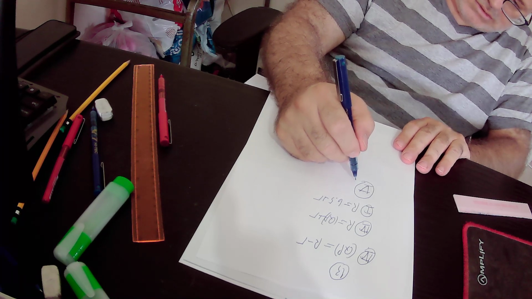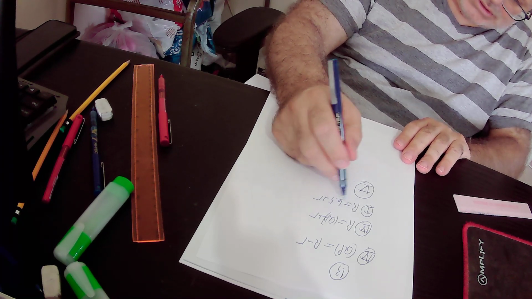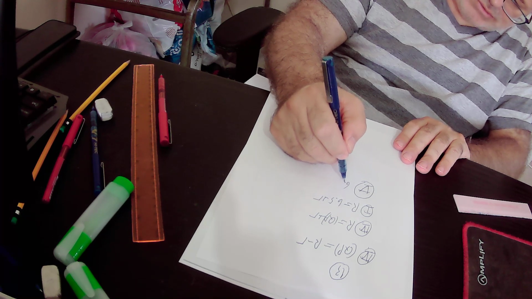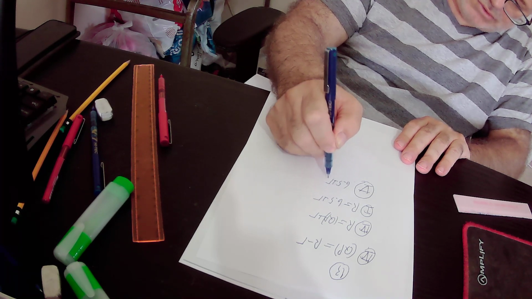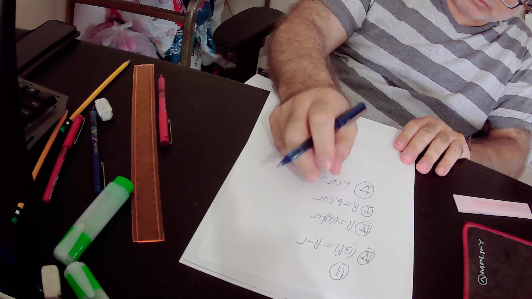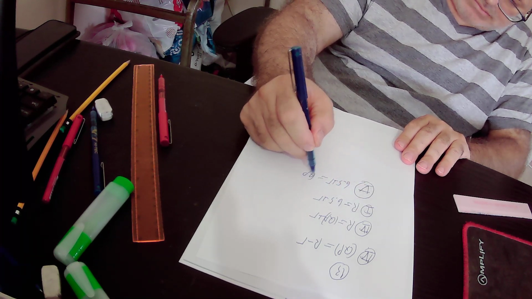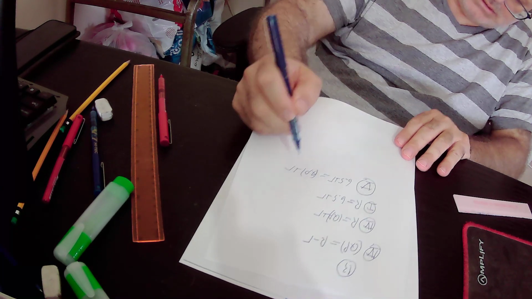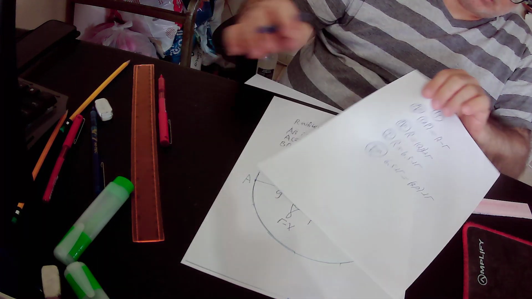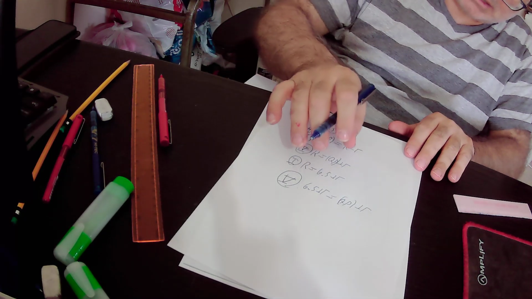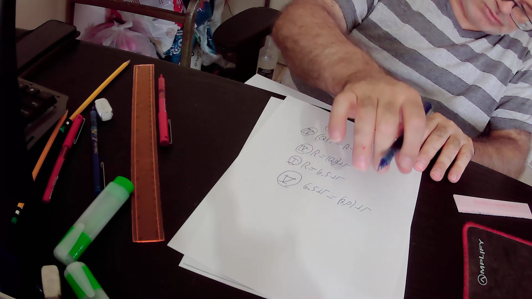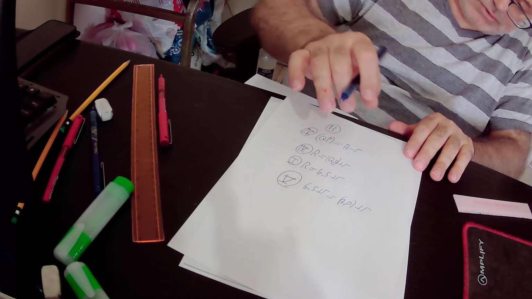Capital R according to equation number 1 is 6.5 plus small r, equals capital R according to equation number 4, that is QP plus small r.